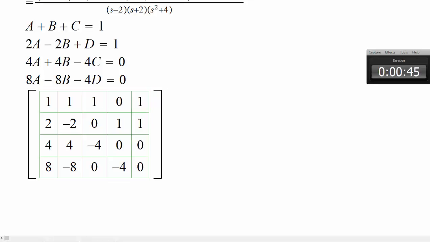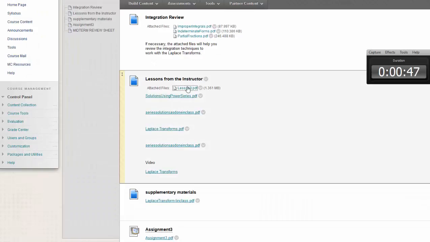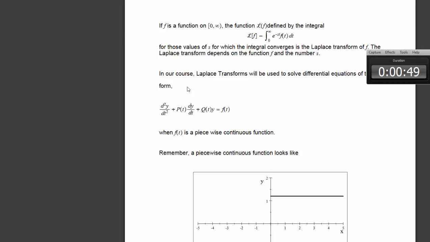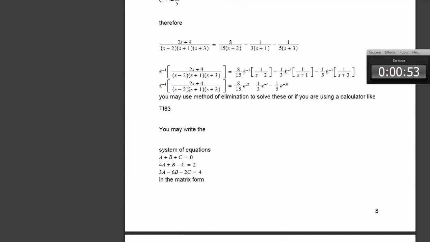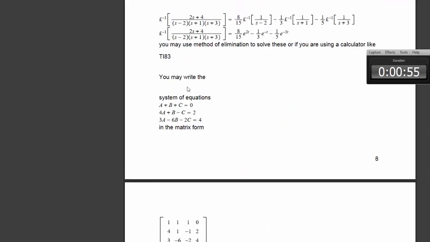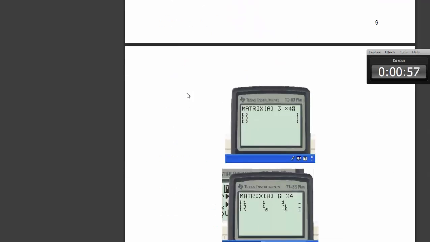And just to let you know, remember this, if you look at lesson 3, I have shown you how to do that by using your calculator on pages 8 and 9.